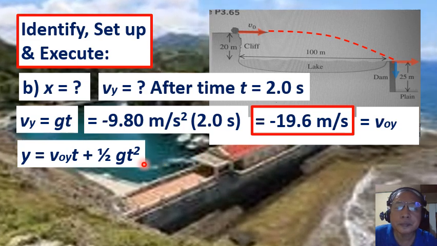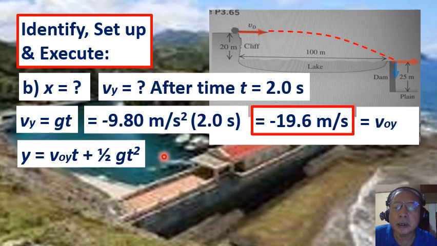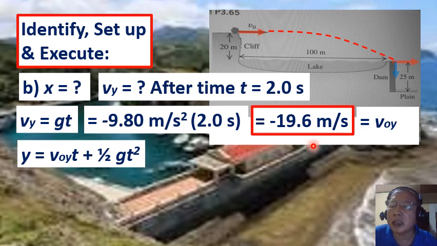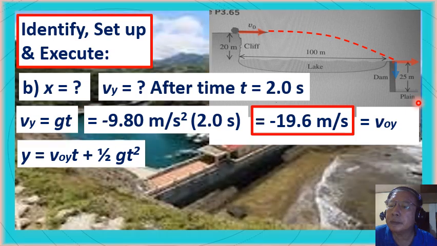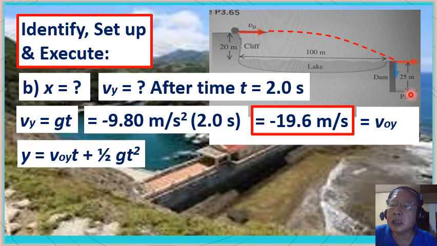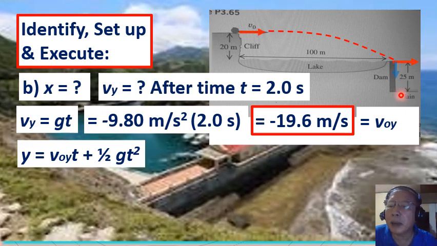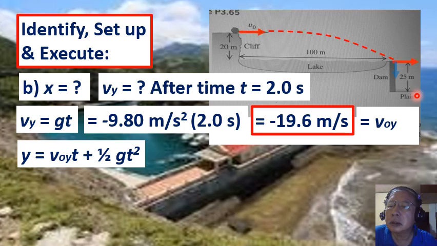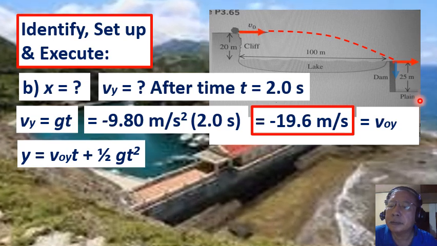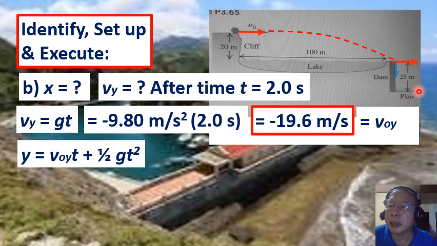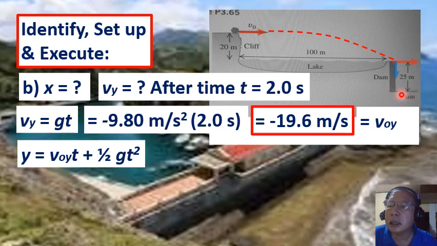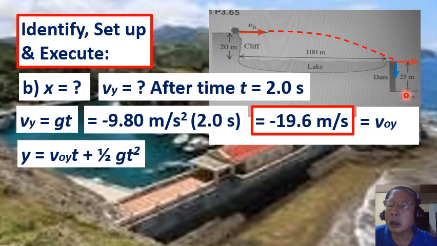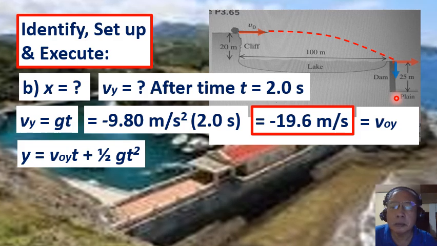And our goal here is to determine the time it takes for the rock to hit the horizontal plane, where the horizontal plane is also one of our target variables.